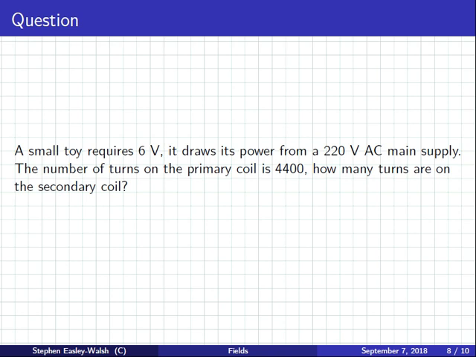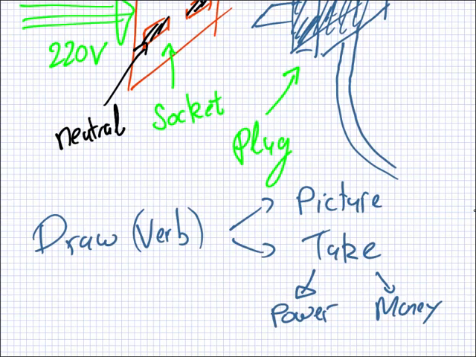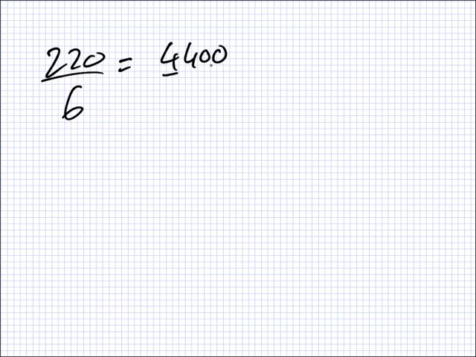No. Why not? What's the problem? So you say 220 over 6 equals 4,400 over N2. So N2 is, you said 120.